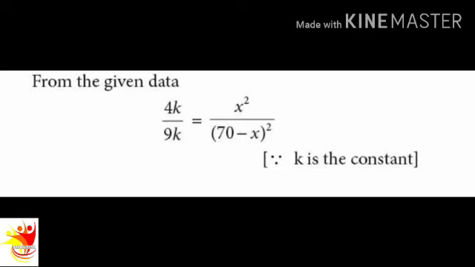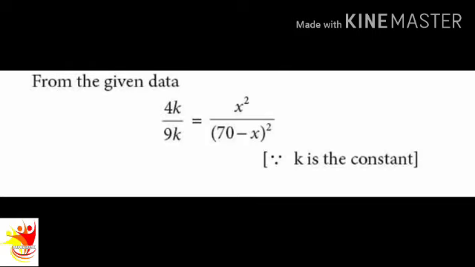From the given data, the ratio of the sound intensity is equal to the square of the corresponding distance. Therefore 4k divided by 9k, where k is one constant.